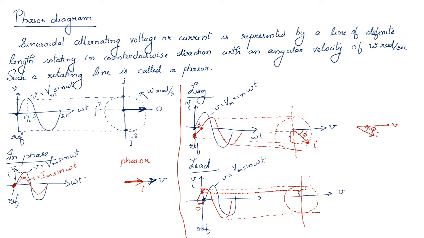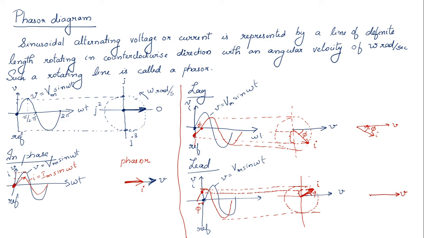Okay, so what should be the phasor? You can understand that it should be at this point. Then only it can make a y image like this. So this is the phasor to be represented, which is to be used for representing the current waveform. And the rotation angle you have to mark as phi. So simply if you are not drawing any axis, you will just mark like this.